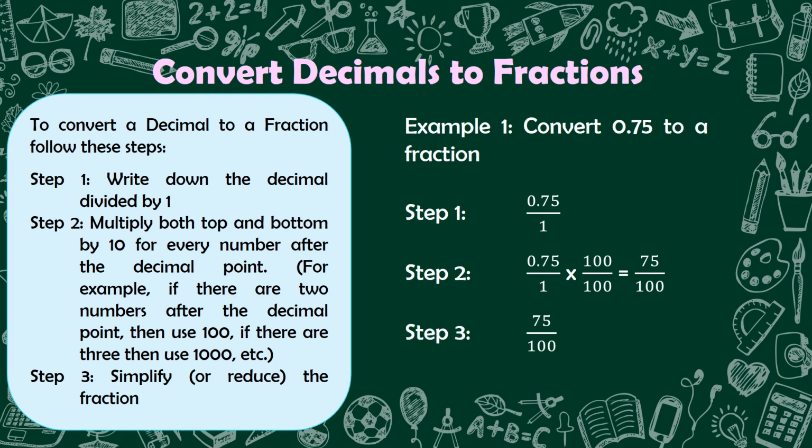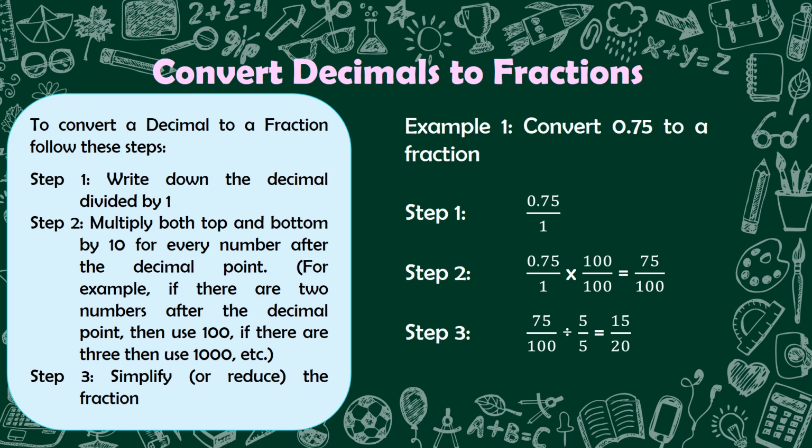Step 3 is to simplify, so just think of any greatest common factor for 75 and 100. If you can think of their greatest common factor, just think of any common factor they have. Here, we can use 5. 75 divided by 5 is equal to 15, while 100 divided by 5 is equal to 20.